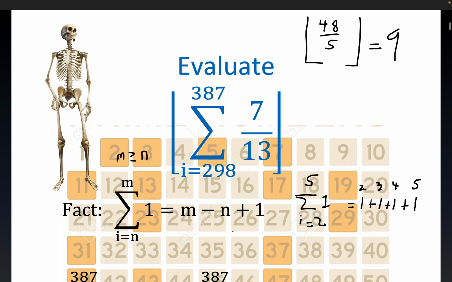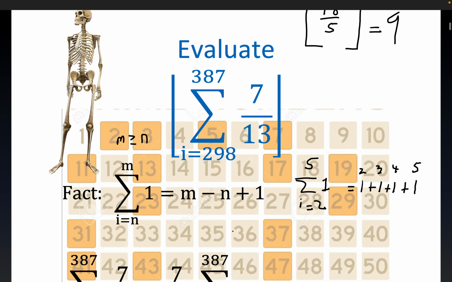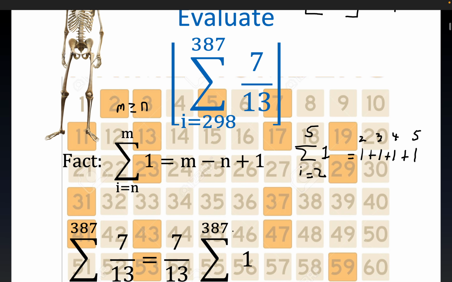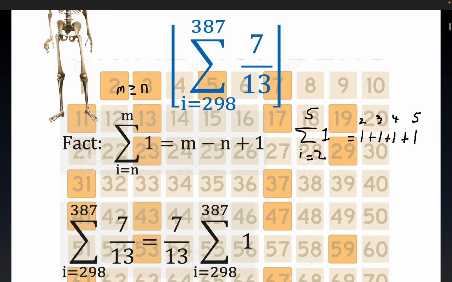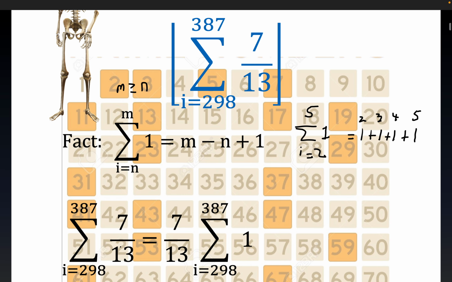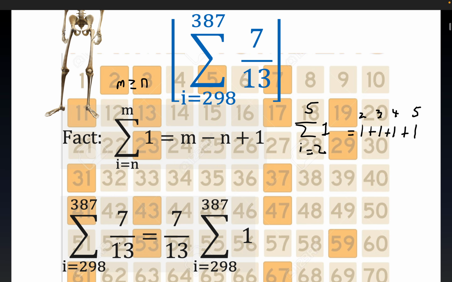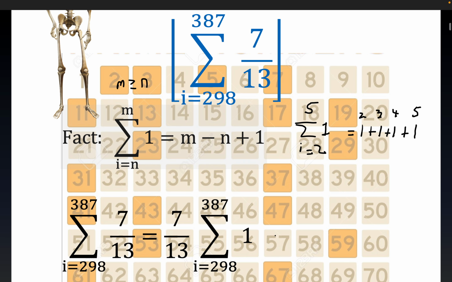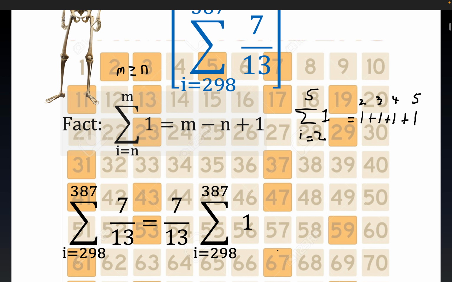Okay, now let's move along. You see that it makes this problem fairly easy because this part right here is very routine. One of the properties of the summation is you can take this constant outside. It's just the distributive law. So this would be the very same thing as 7 over 13.